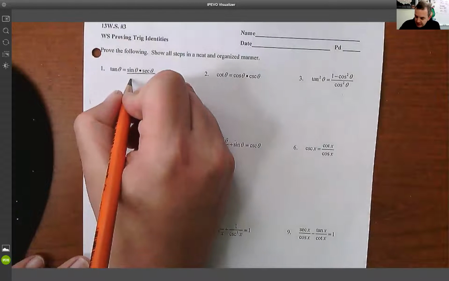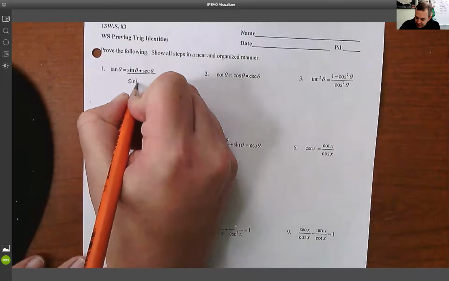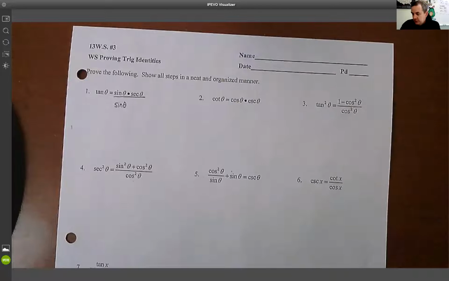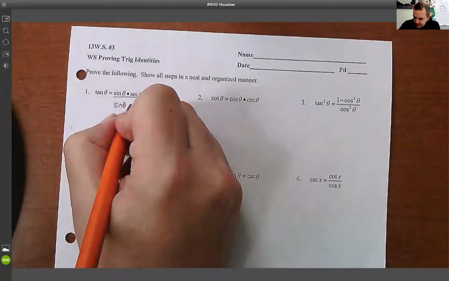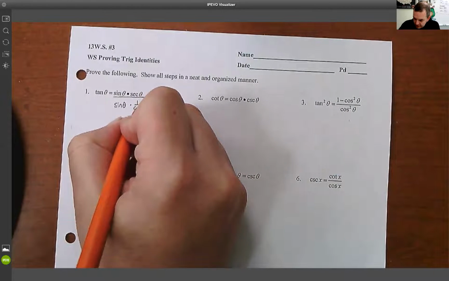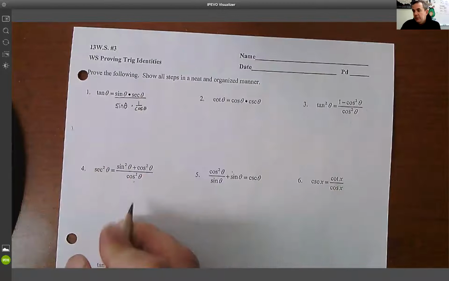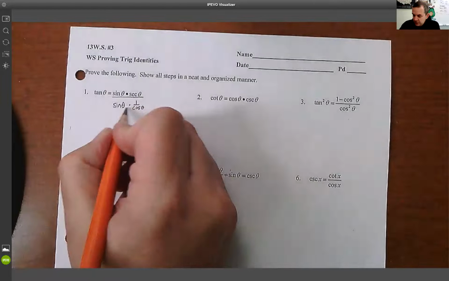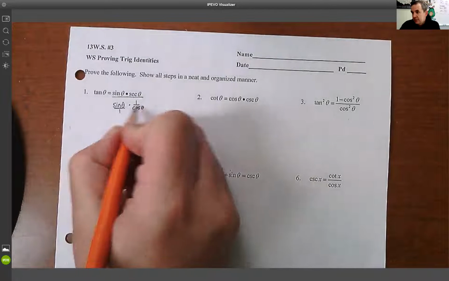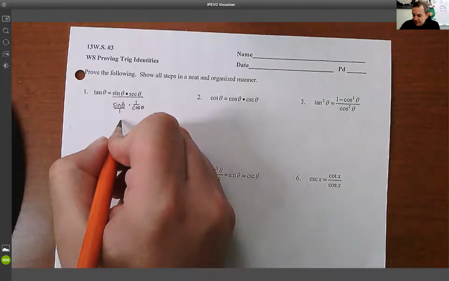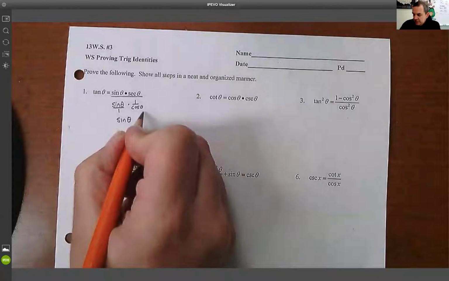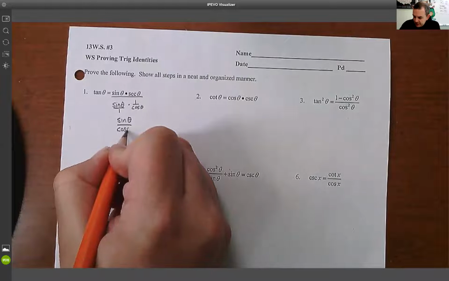That first guy is already in terms of sine and cosine. He is sine theta. Then we change secant theta, and secant theta is 1 over cosine theta. So now we have it in terms of sine and cosine, and there's nothing to cross off. So we do that multiplication to bring it back together. Multiply across the top, sine theta times 1 gives me sine theta. 1 times cosine theta gives me cosine theta.